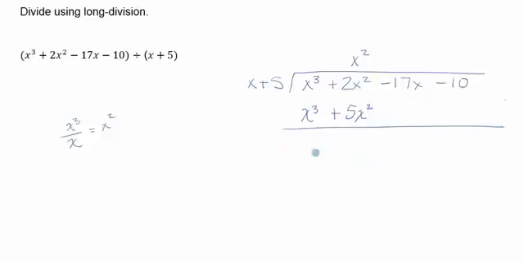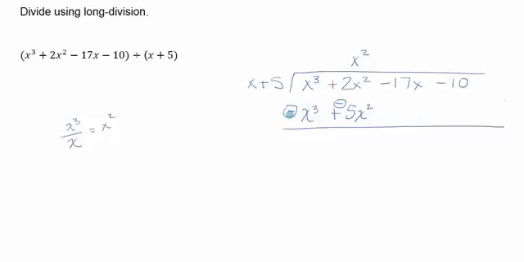We'll draw our line, and we're going to subtract. When we're doing polynomials, it gets a little bit confusing with adding and subtracting positive and negative numbers. So what I'm going to do is teach you the practice of draw your line, change your signs. Because when you're subtracting, you're really adding the opposite.